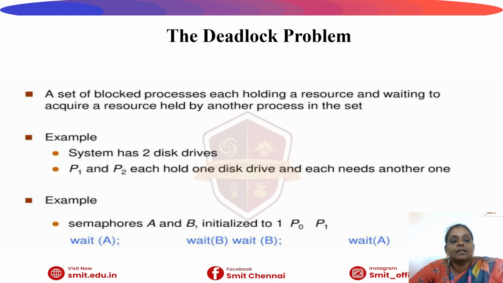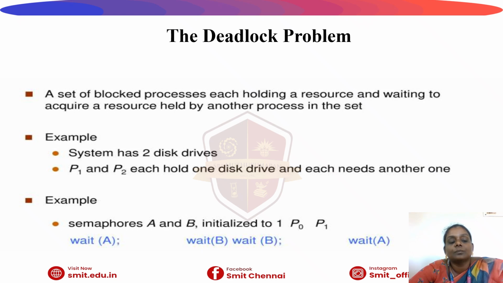Problem: a set of blocked processes, each holding a resource and waiting to acquire a resource held by another process in the set. Deadlock causes the system to freeze, programs to stop responding, and poor system performance.